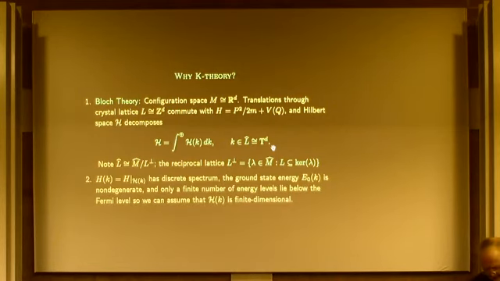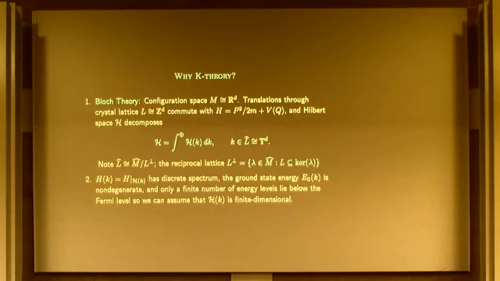And the thing which is crucial here is that things are much simpler when you look at a particular value of K. If you look at the Hamiltonian on the bit corresponding to K, then it actually just has a discrete spectrum.